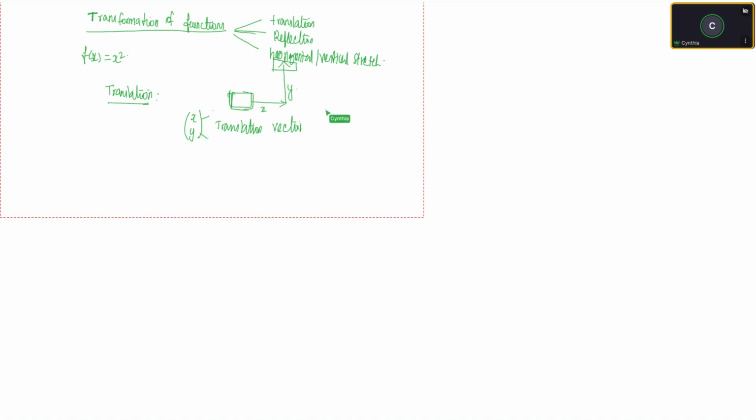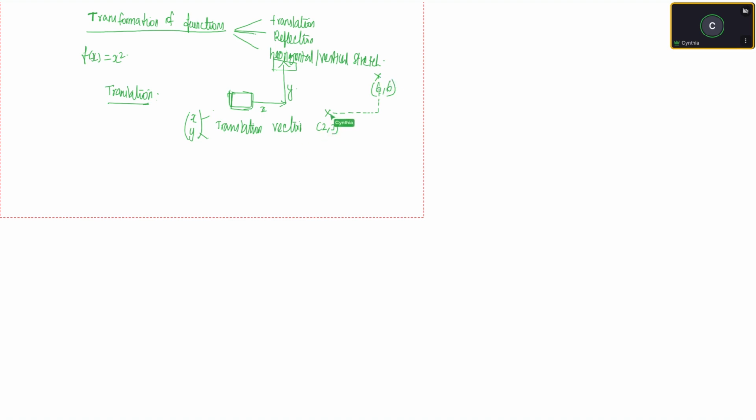Suppose a point is at 2, 3 and this point is moved to maybe 6, 6. So it is moved horizontally until here. Then it has moved vertically until here.